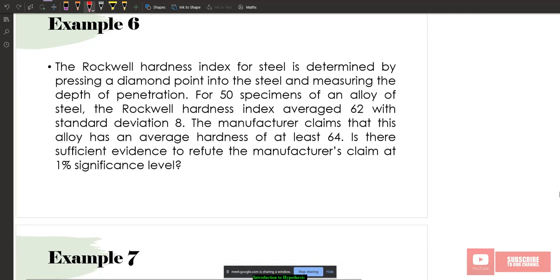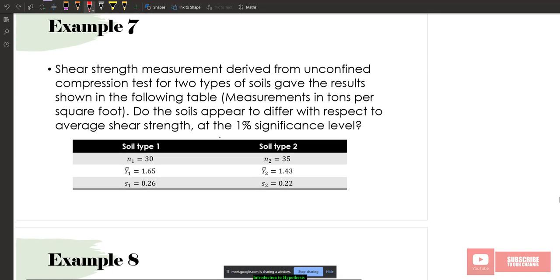The same for example number 7. In example number 7, we have two populations, soil type 1 and soil type 2, and the sample size is more than or equal to 30. Since the sample size is 30 or more, we automatically use the Z distribution.